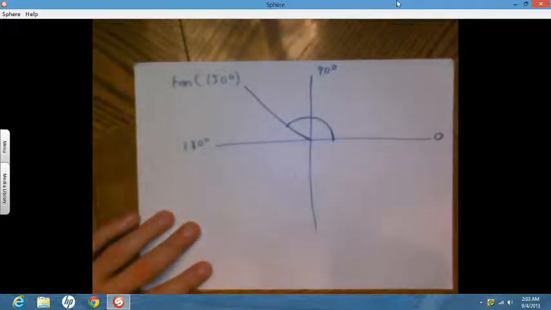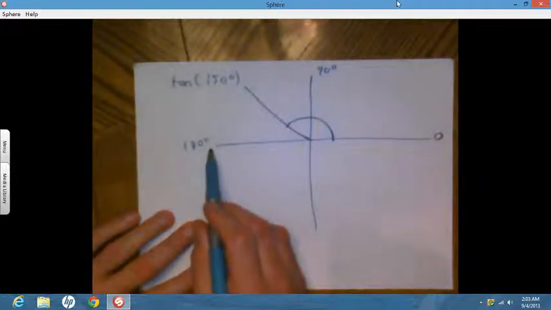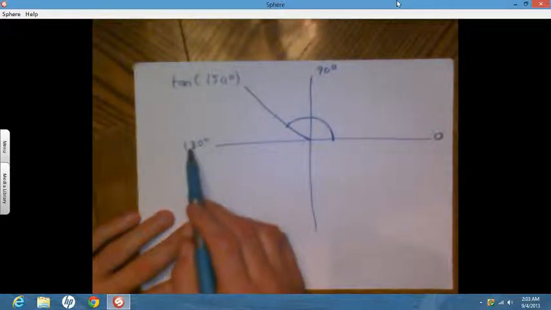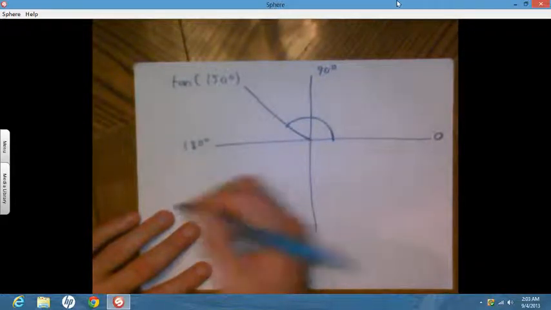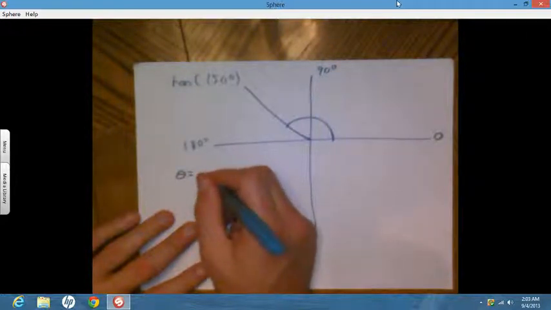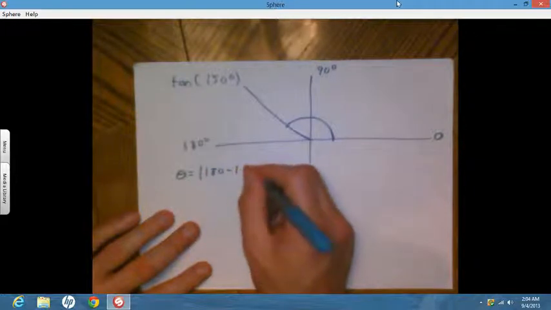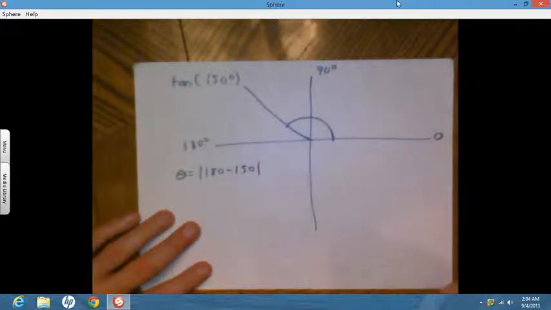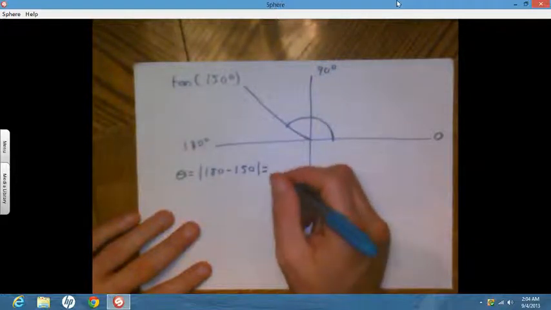Now, in the second quadrant, the angle associated with the nearest side of the x-axis, the negative axis in this case, is 180. So my reference angle, I'll call it theta, is going to be the absolute value of 180 minus 150. It doesn't matter if you do 150 minus 180, you're taking the absolute value. In this case, it gives me a 30-degree angle.